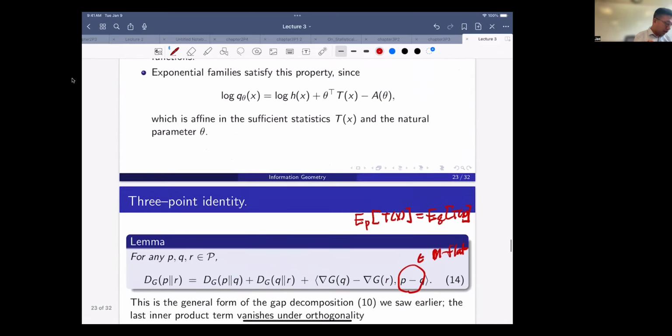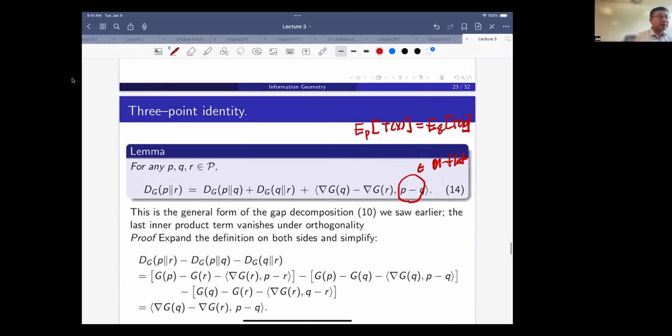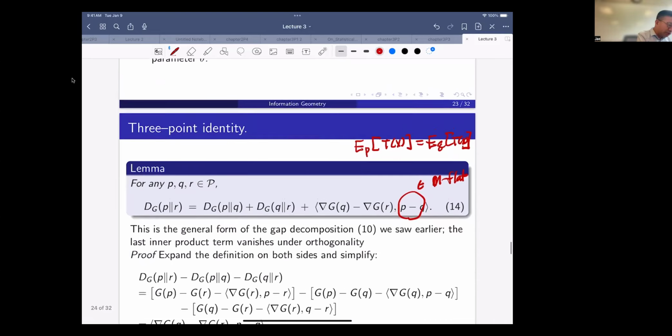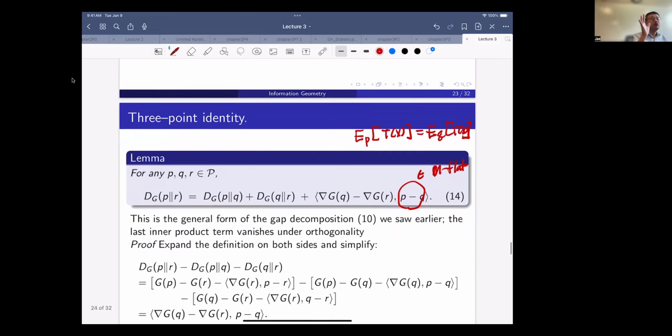We are talking about Bregman divergence now. But what is T(x)? When we define M flat, we say the expectation of T(x) is equal for P and Q. That's a good question. When you say M flat, I mean affine, so affine in terms of a certain sufficient statistic. T(x) is given.